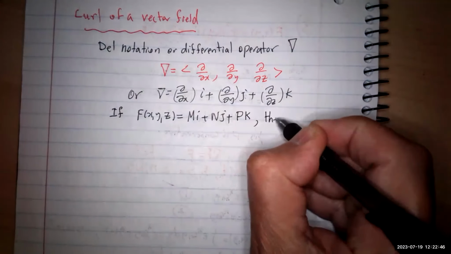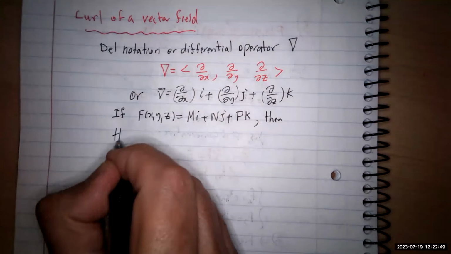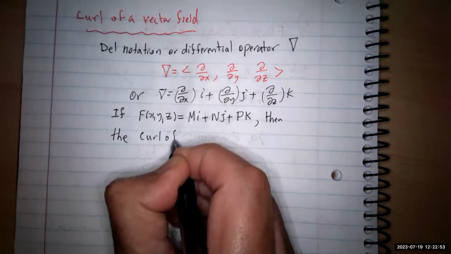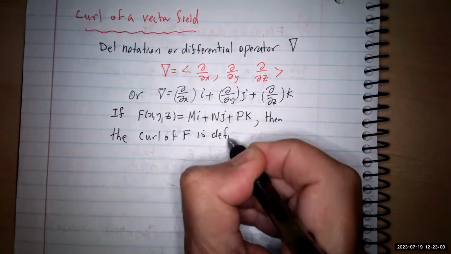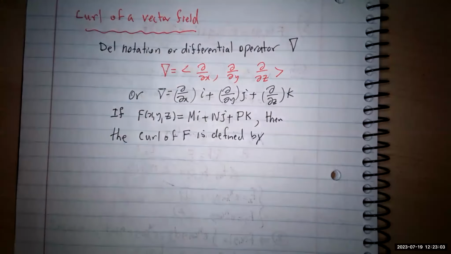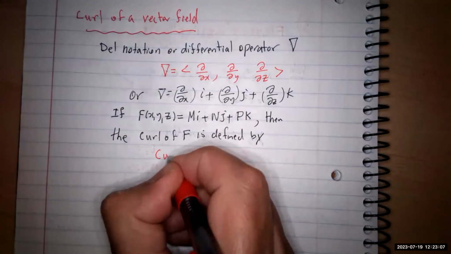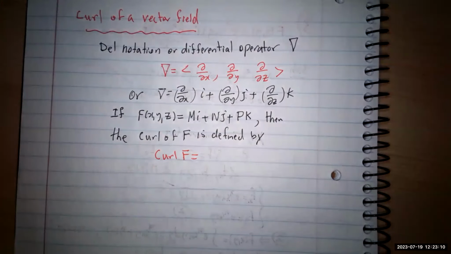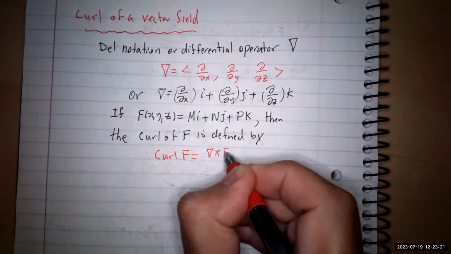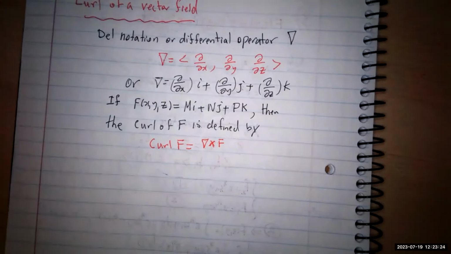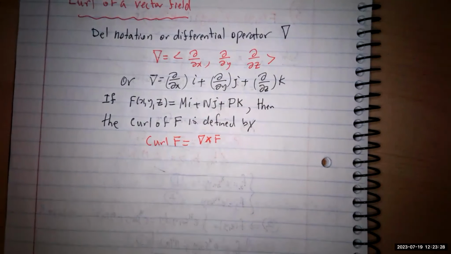If this is the case, then the curl of F is going to be defined by, this is it, curl of F is equal to that operator notation, if you like, differential operator, cross F. Okay, cross F. You know that the cross product would be a vector and would be defined by, remember, a determinant of a matrix.